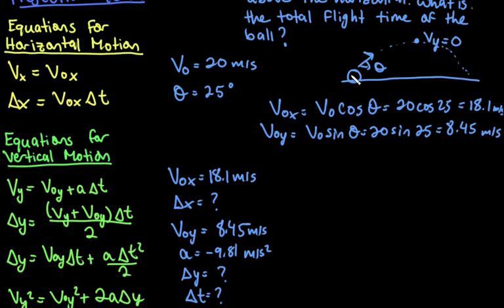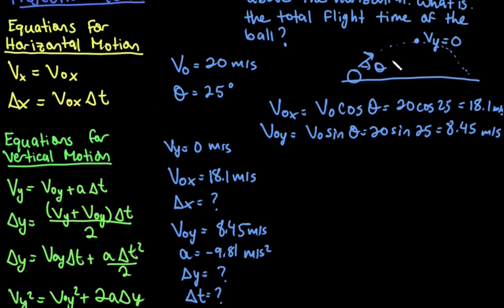So what we're actually going to be doing is looking at how much time it takes to get to the top of its trajectory. And then, because it takes the same amount of time to go up as it does to come down, we can find the total flight time. So I'll put down up here, v y is equal to 0.